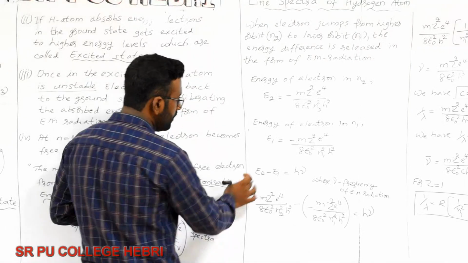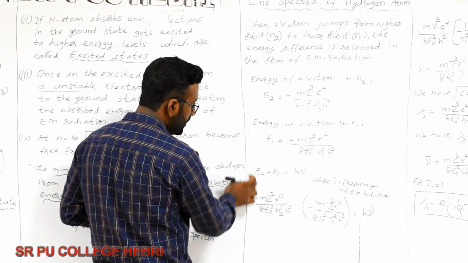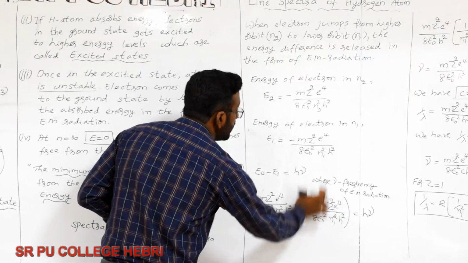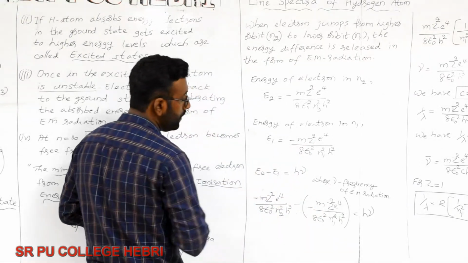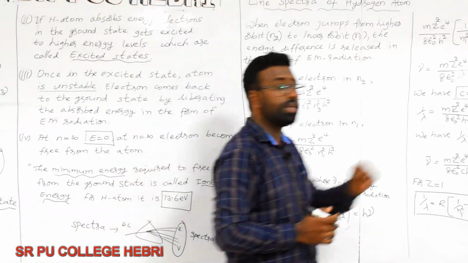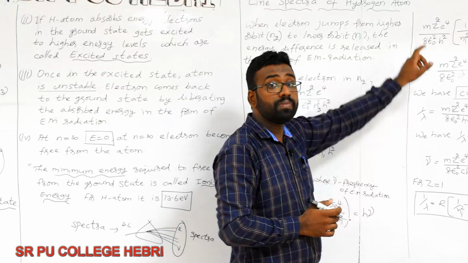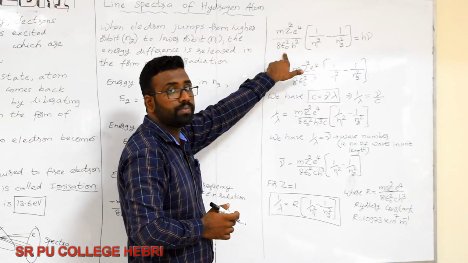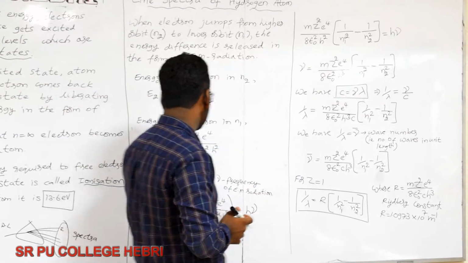Now we write the equation of E2 minus the equation of E1, equal to h nu. We will take the common terms out of this equation.